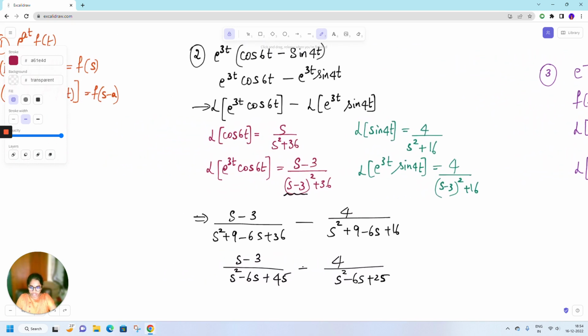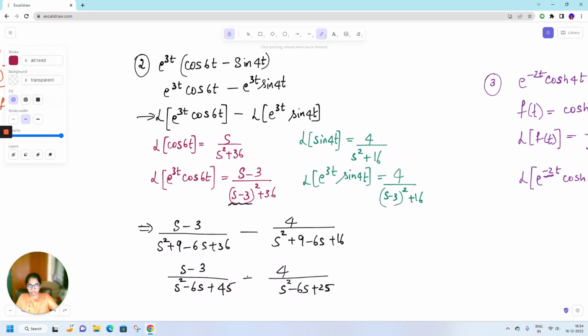First, we find the Laplace of f of t, which would be something in the form of f of s. In the next step, the rule is, wherever you have s, replace it with s minus a.